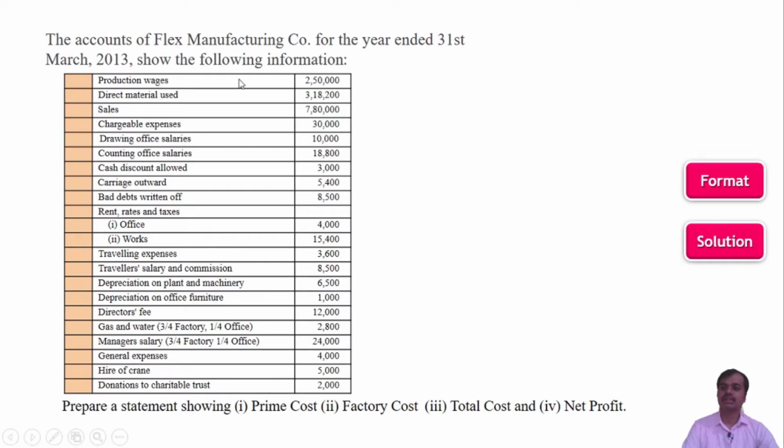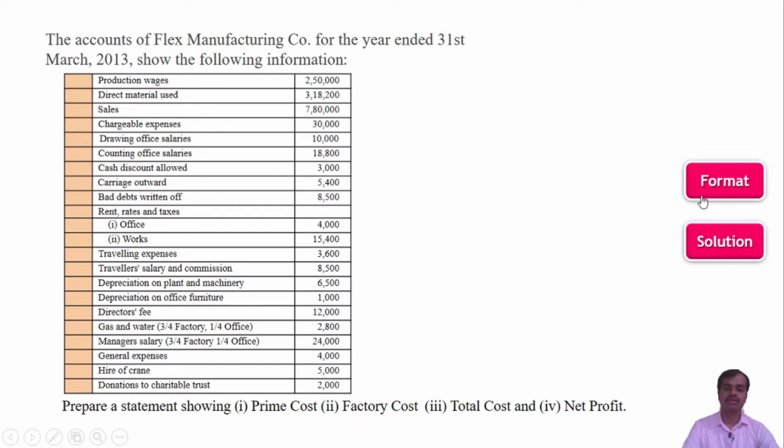These are production wages, direct material used, sales, chargeable expenses, drawing office salaries, counting office salaries, and so on. From this information, we have to prepare a statement showing these items: prime cost, factory cost, total cost, and net profit. Before starting the solution, we have to discuss two things.